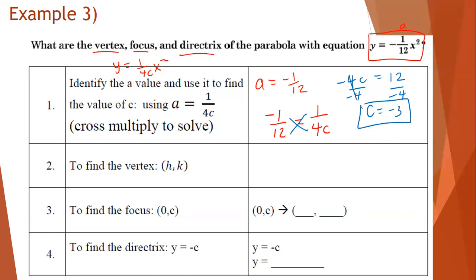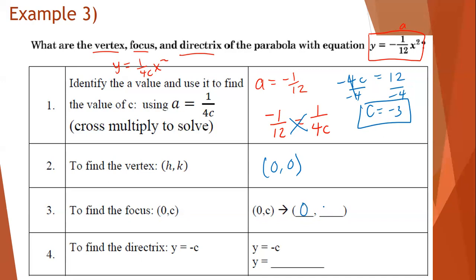To find the vertex, we need our H and K. If there is no H and K, what does that mean your vertex is at? If you said 0, 0, you are absolutely correct. To find the focus, it's 0, comma, your C value. Did we find our C value already? Why, yes, we did. What did we get? -3.